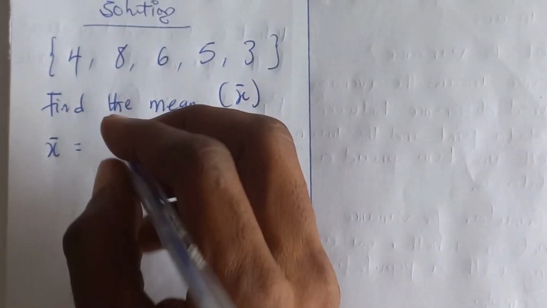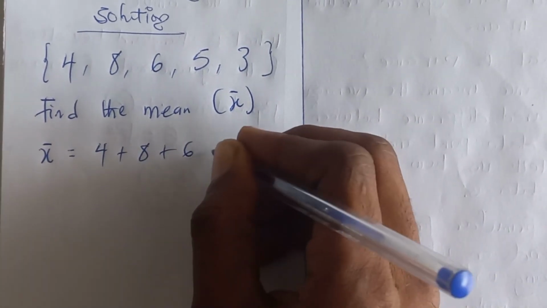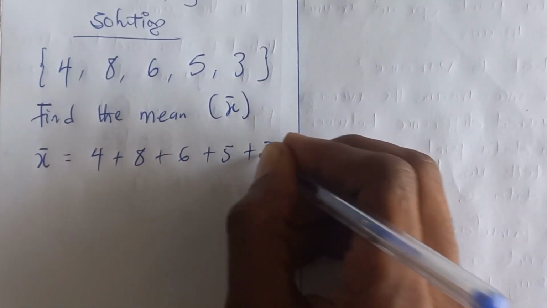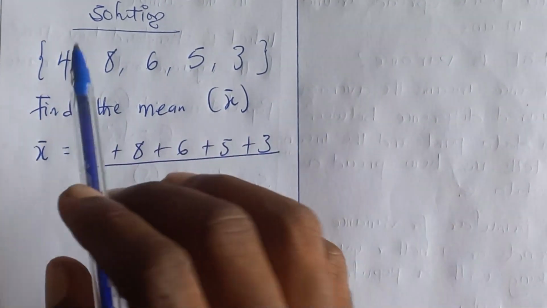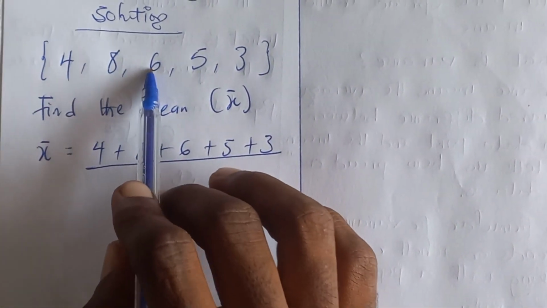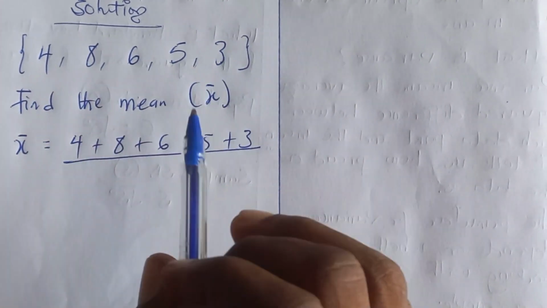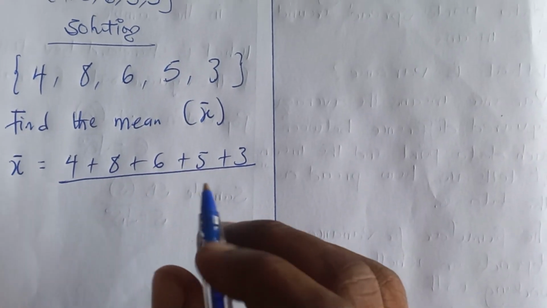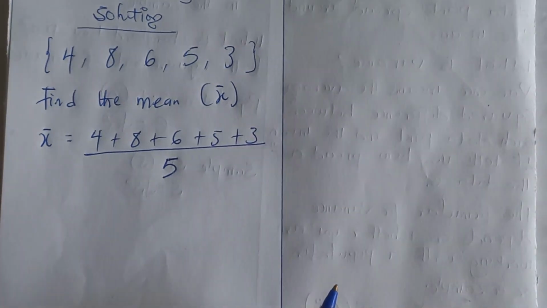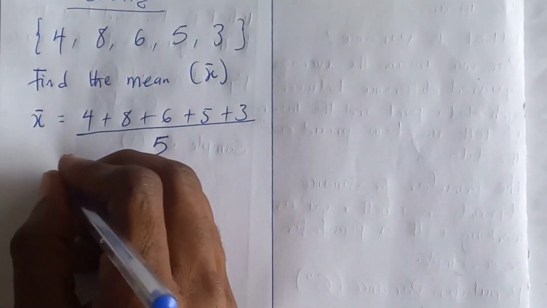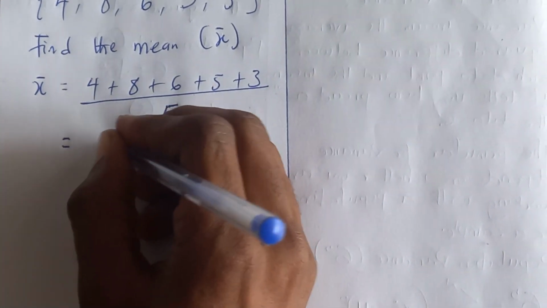So you have 4 plus 8 plus 6 plus 5 plus 3, all over 5, since we have 1, 2, 3, 4, 5 data points. 4 plus 8 plus 6 plus 5 plus 3 is 26.